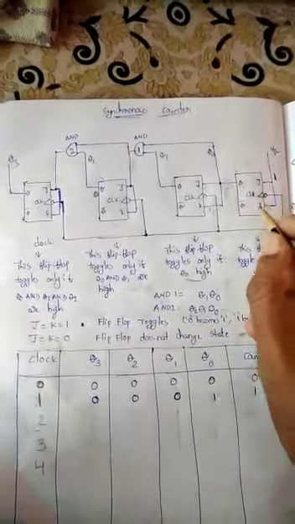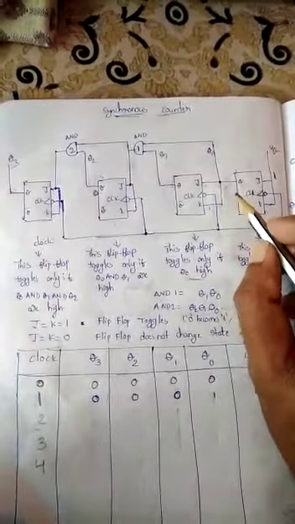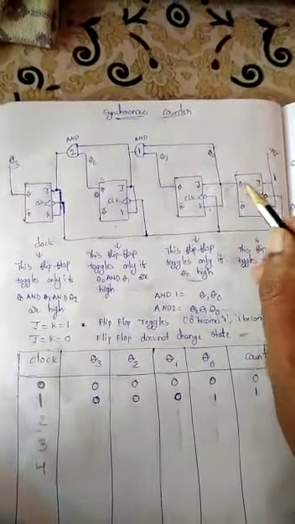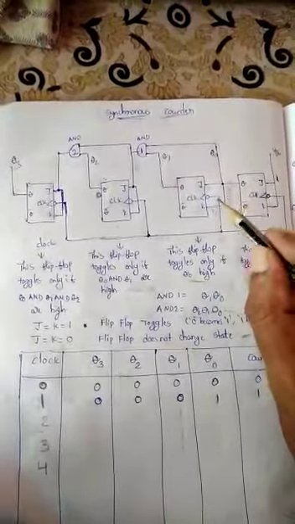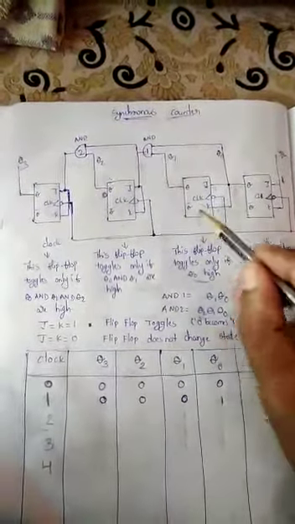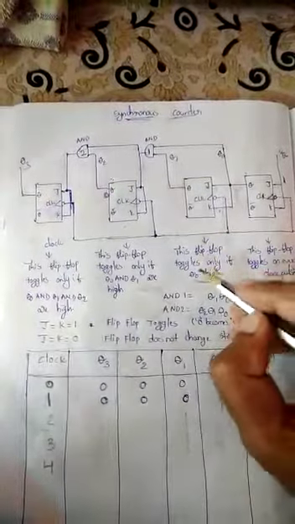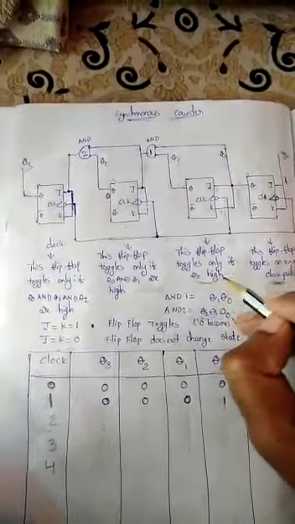Toggle state means we get the complemented previous output. Next, the second flip-flop toggles only if Q0 is high.